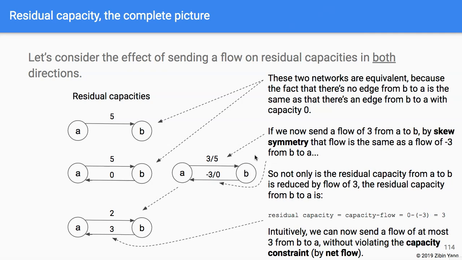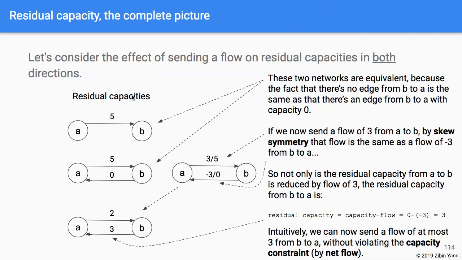What that means intuitively is now we can send a flow of 1, 2, or 3 from B to A without violating the capacity constraint in this direction of the original graph.